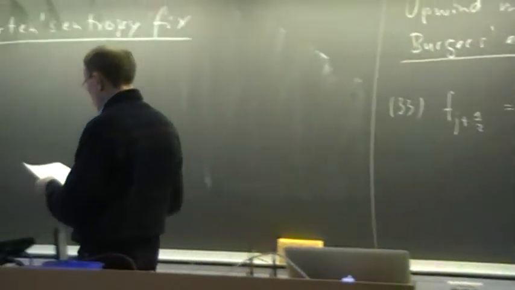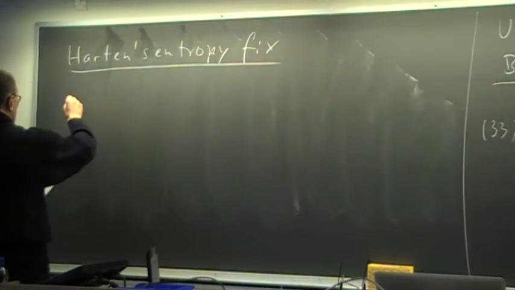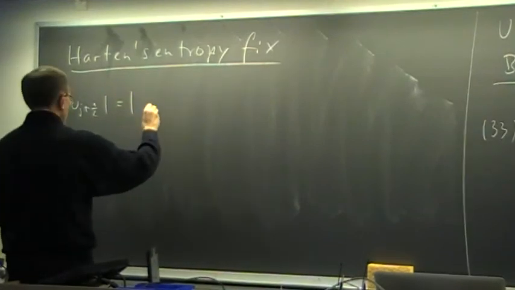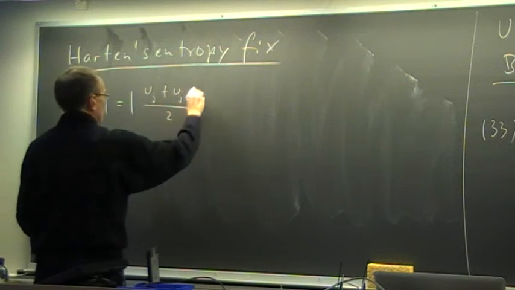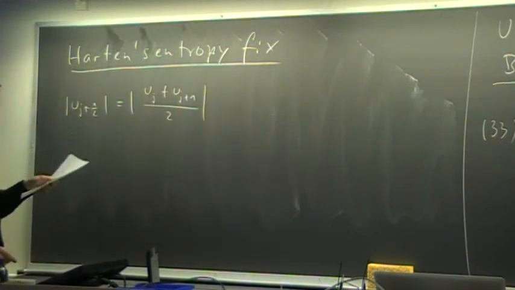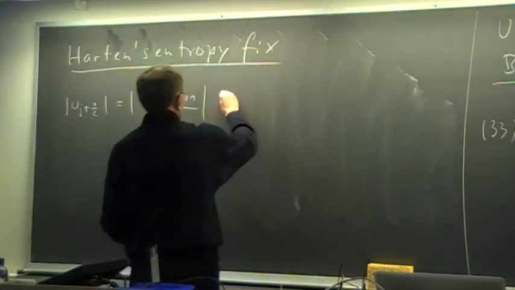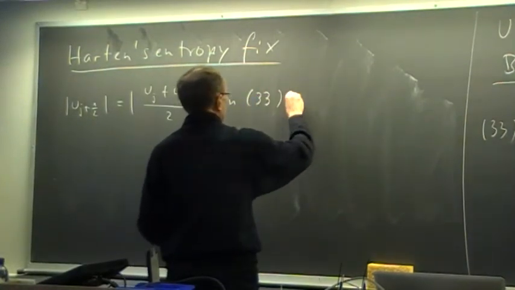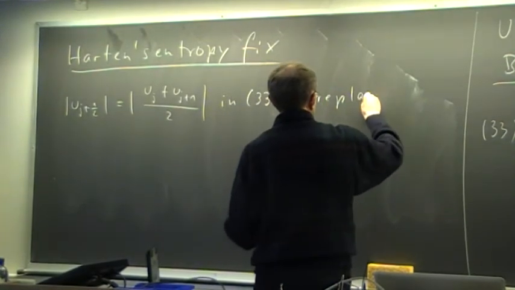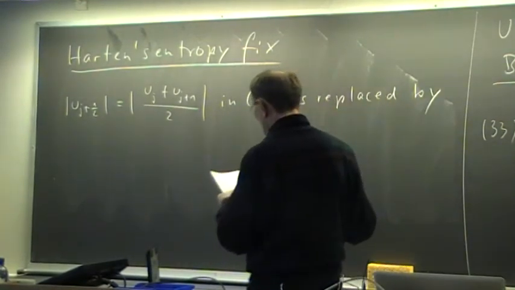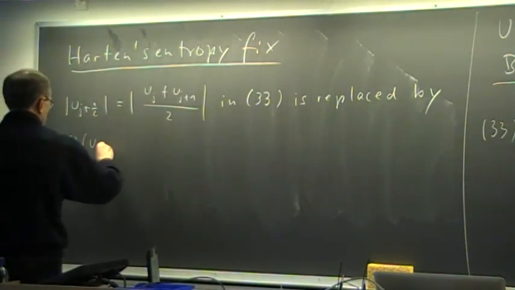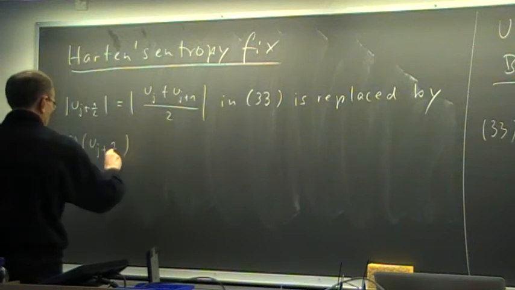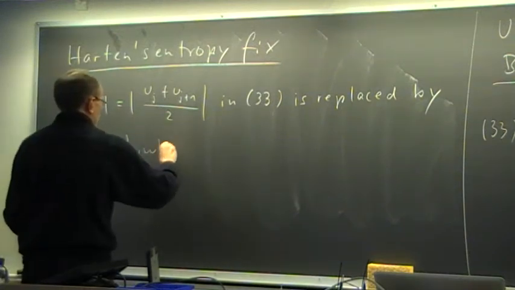And Harten then argues the following. The uj plus 1/2, which we take as the average of uj and uj plus 1, in equation 33 is replaced by some quantity q of uj plus 1/2, where this is defined in the following way.